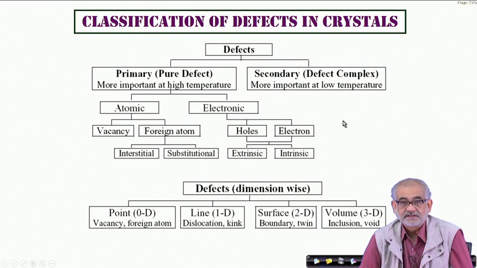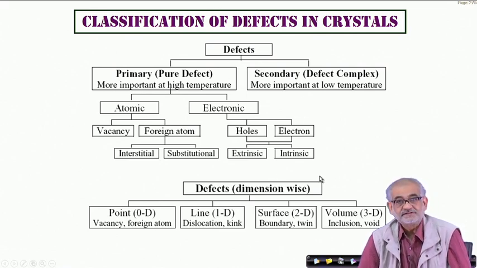Similarly, holes and electrons can make pairs. This kind of pairing gives rise to what are known as defect complexes, and they are called secondary defects. As it is written here, these kinds of defects are more prevalent at low temperature or usually in the working condition.